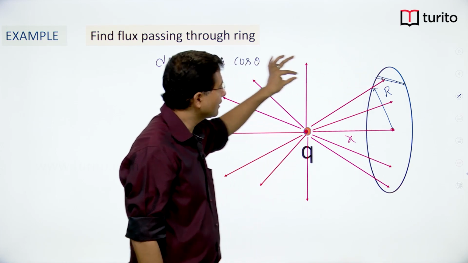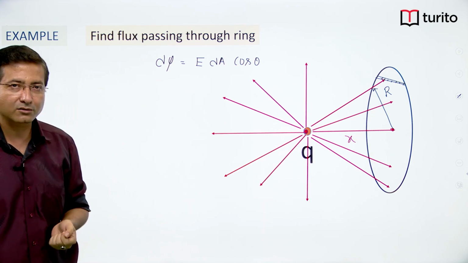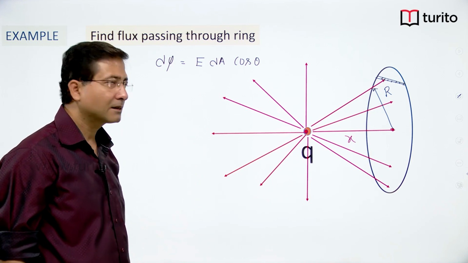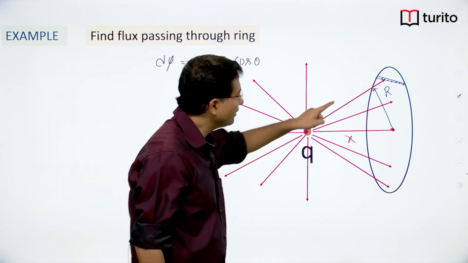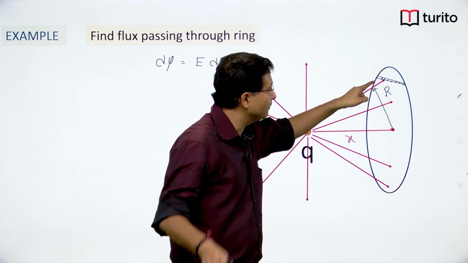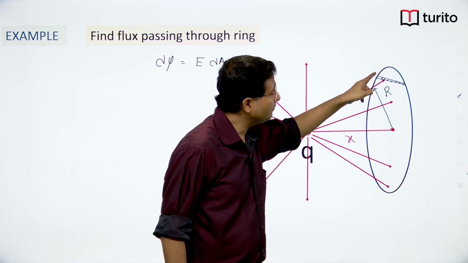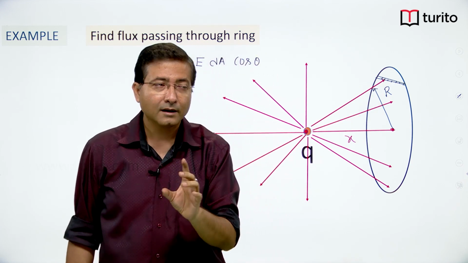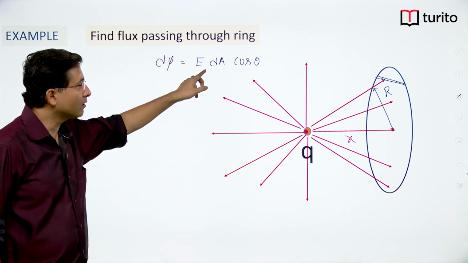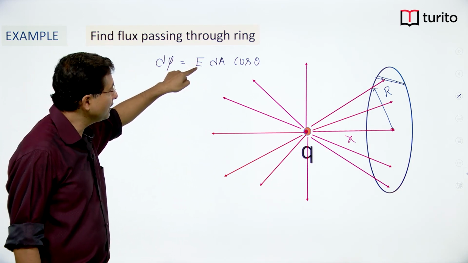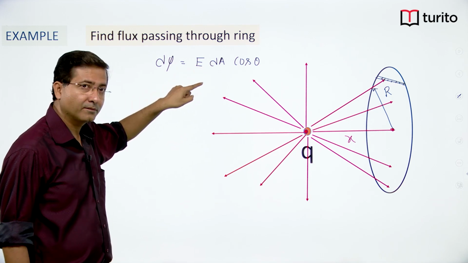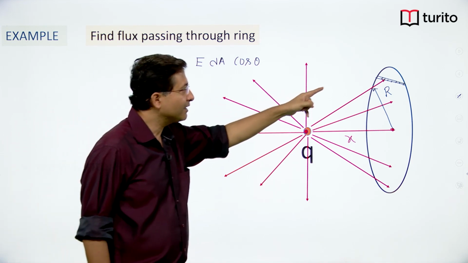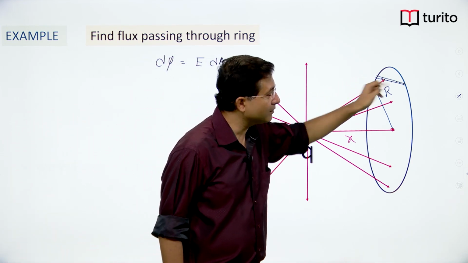Get the flux associated with the strip and integrate, you will get the total flux associated with the area bounded by the ring, right. But the problem here is that every point on this element won't have the same field. The requirement here is that the field must be the same for every point of the element. Here it will be different, here it will be different, here it will be different.